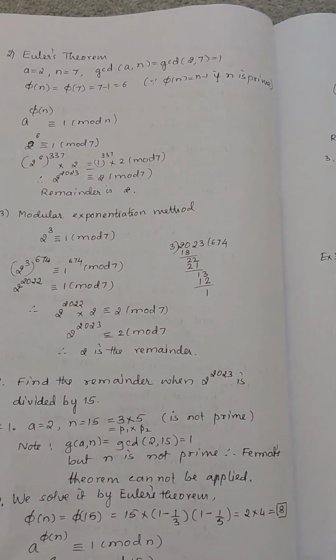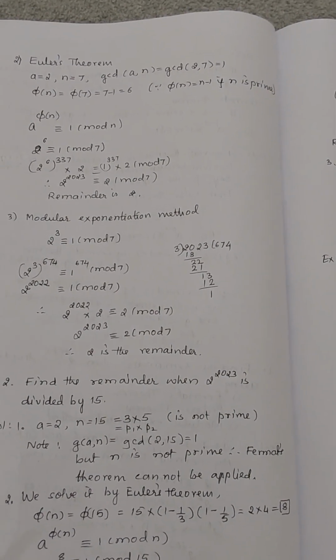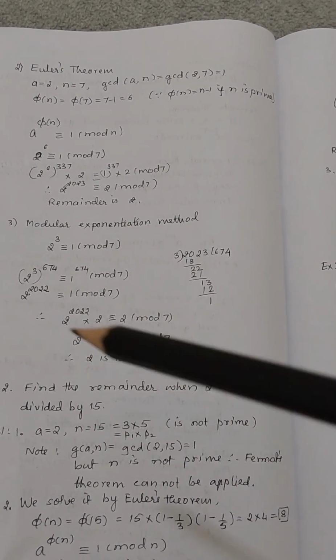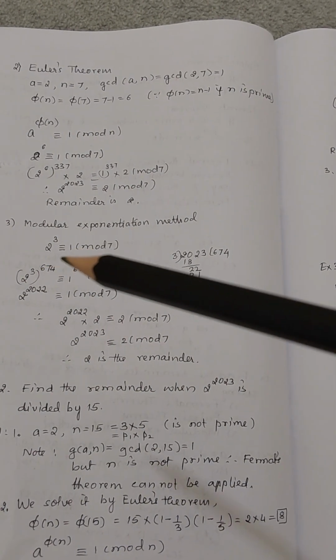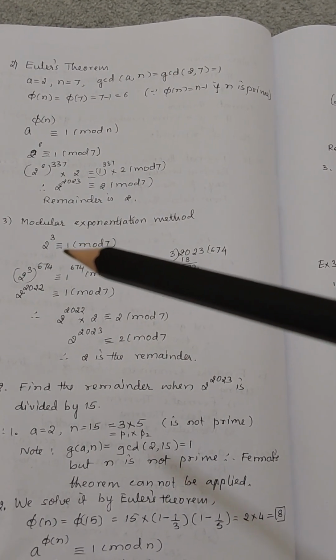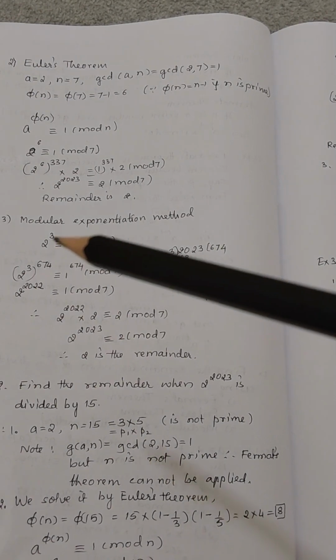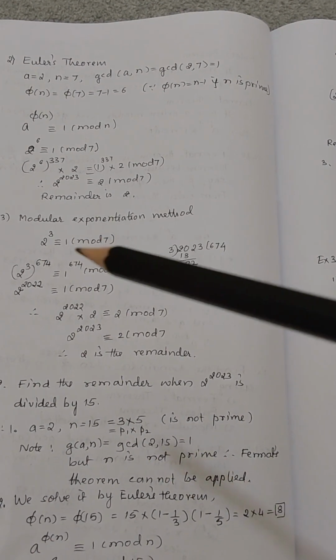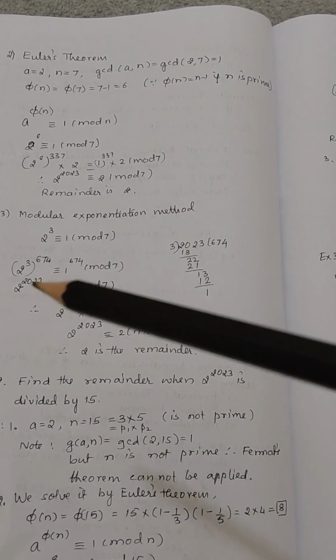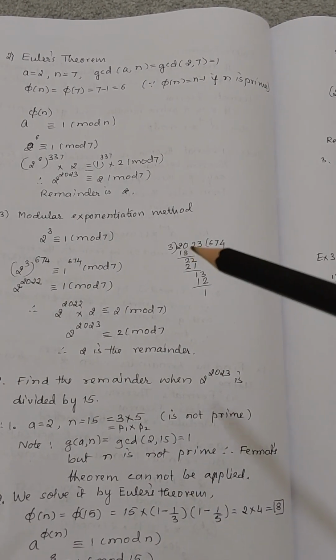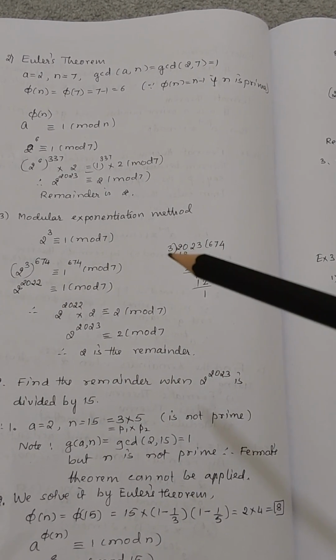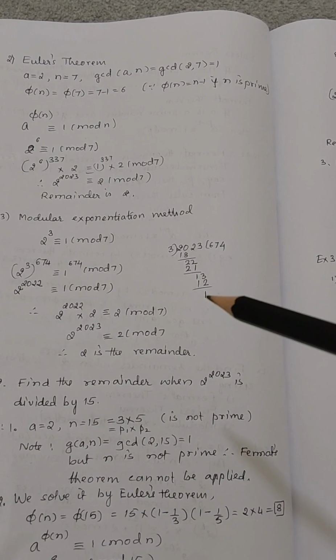Next one is the modular exponentiation method. So here we choose a small power of 2 so that we get a small remainder. 2 cube is 8. 8 divided by 7 leaves the remainder as 1. So when 2023 is divided by 3, it gives the remainder as 1.